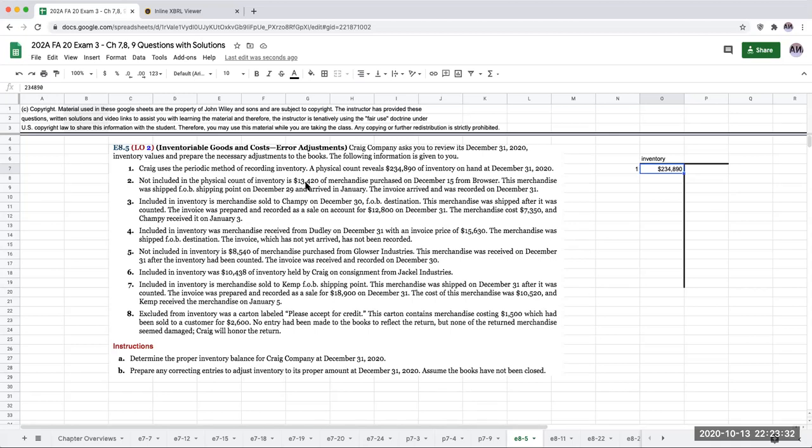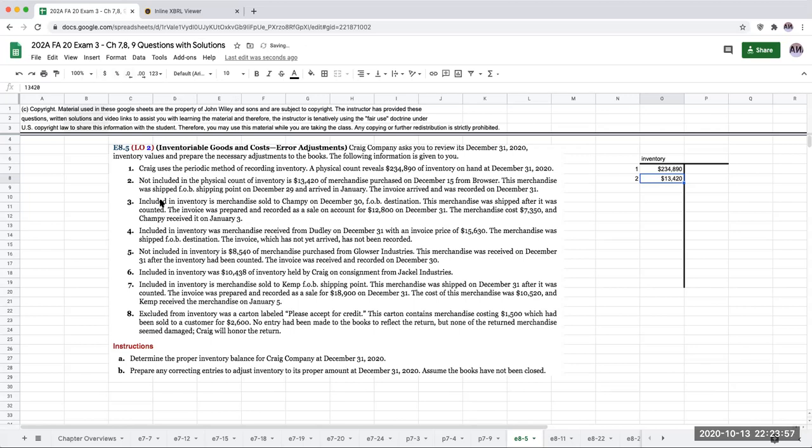If it's FOB shipping point, title passes at the seller's as soon as the seller ships it. If it's FOB destination, we do not record the inventory until we receive it. So here, I'm going to include this in my inventory, even though I didn't receive it, because I took title to that inventory on December 29th when the goods were shipped.